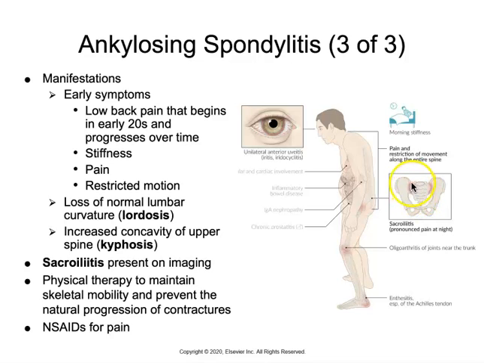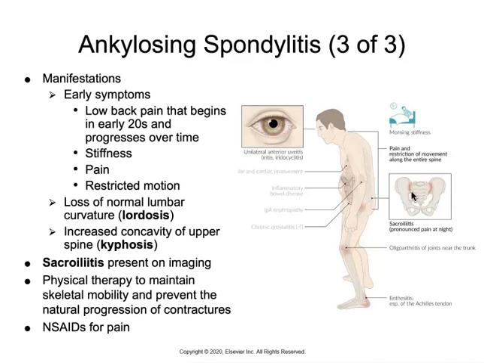And we have the sacroiliitis, meaning we've got inflammation here at the sacroiliac joint. We can see this upon imaging, and that is a good way to diagnose this, based on clinical findings and imaging, like an MRI, to detect this condition.